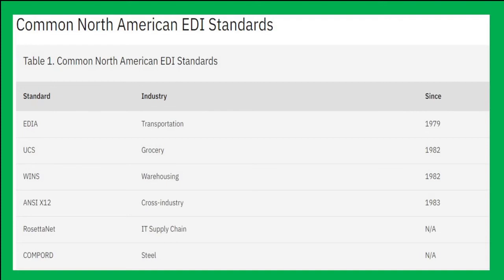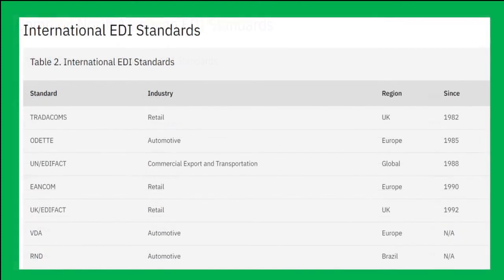These are used in North America. Next, international standards. These are trade accounts for retail, used in the UK. ODETTE, we discussed, is exclusive for automotive, developed in Europe in 1985. Like that, you can see for which industry each standard serves, its purpose, in which region it was developed, and when it was developed.